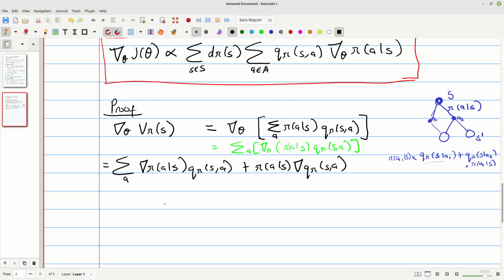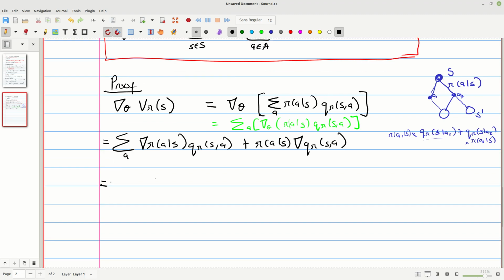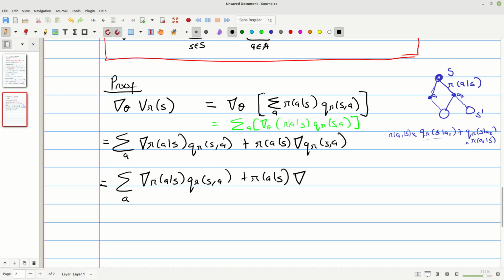And the next thing is we can say this is equal to the summation over a, over all actions, of, once more, the derivative of pi(a given s) times q pi(s, a), plus pi(a given s) times the derivative, where instead of q pi(s, a) here, we're going to say the summation over s prime, r of the probability of (s prime, r given s, a) times (r plus v pi of s prime).